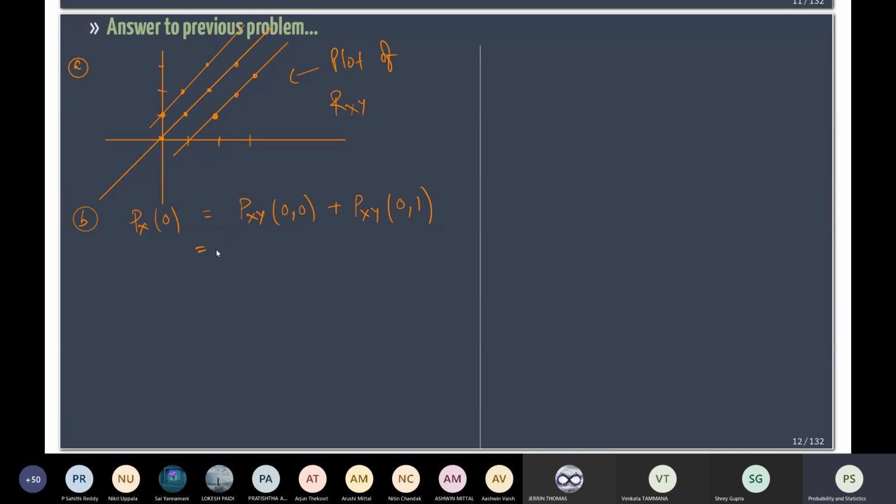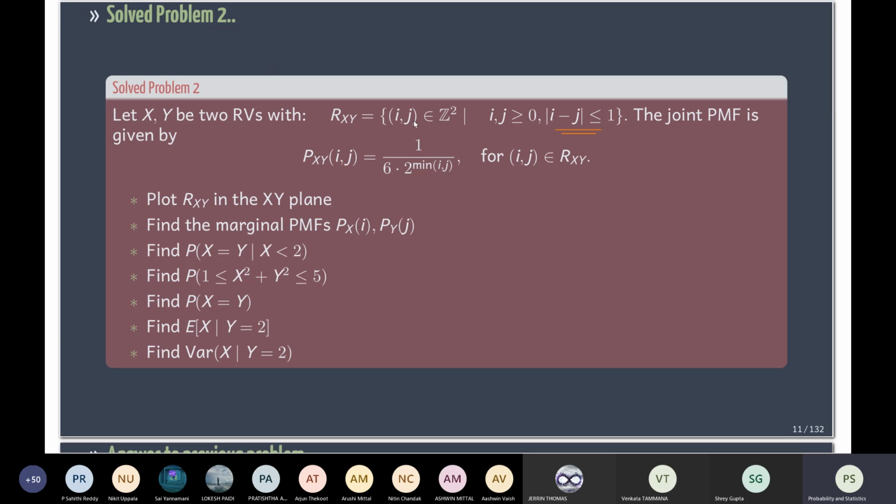Now we also want to know the size of the sample space. How many points are there in the sample space? You count all possible values: (0,0), (0,1), and (0,2) is not possible, so (1,0), (1,1). What other values are possible here?